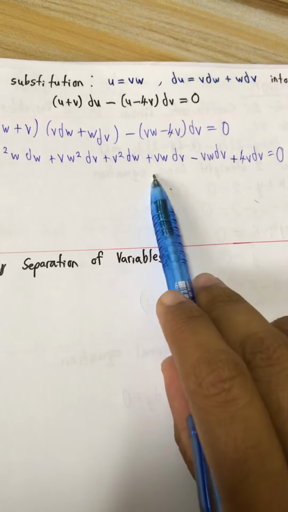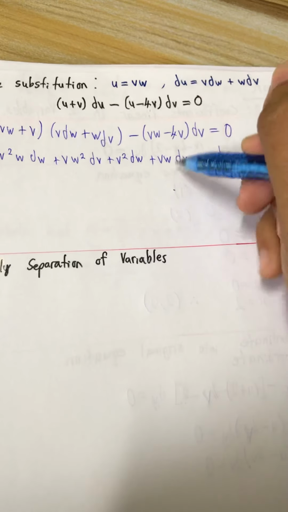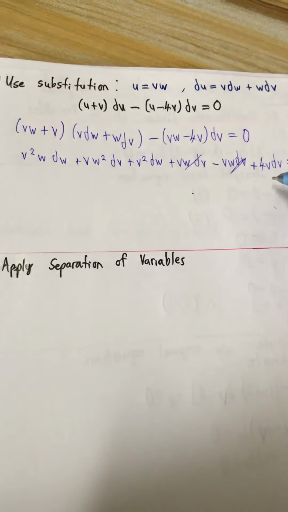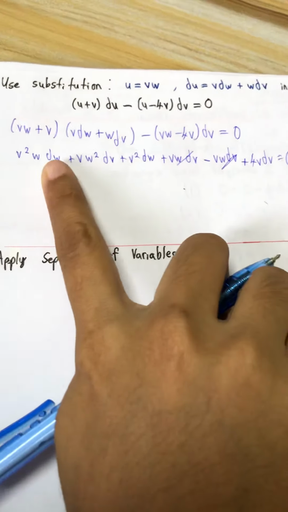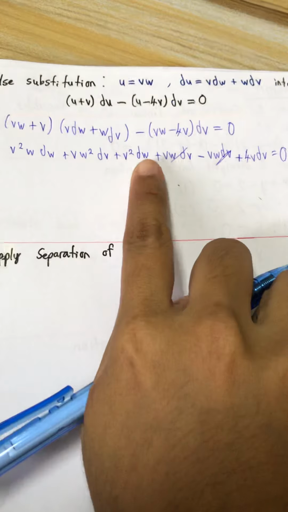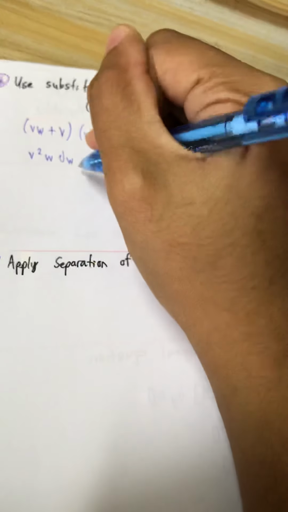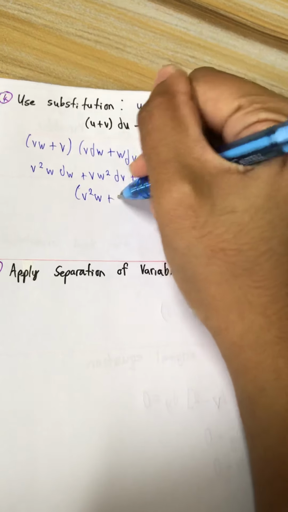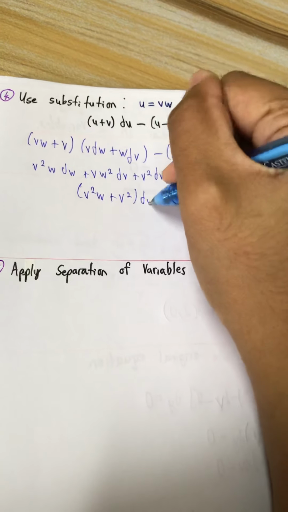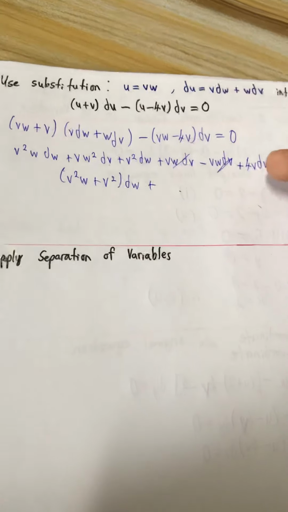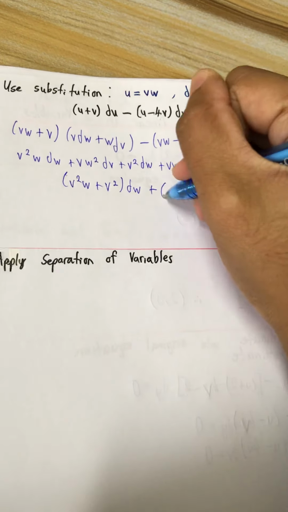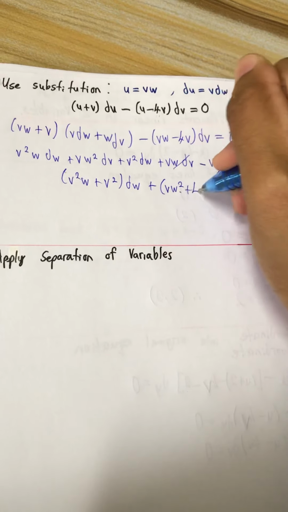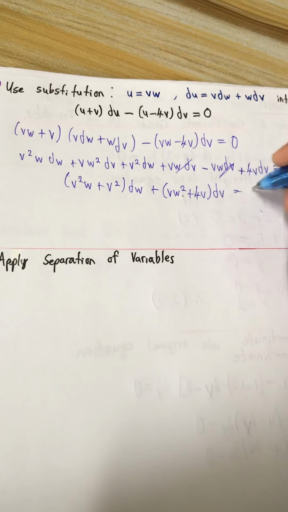Here we can cancel out vw dv plus minus. Then we can extract out the dw: (v square w plus v square) dw, and we can extract out the dv, plus 4v dv equal to 0.